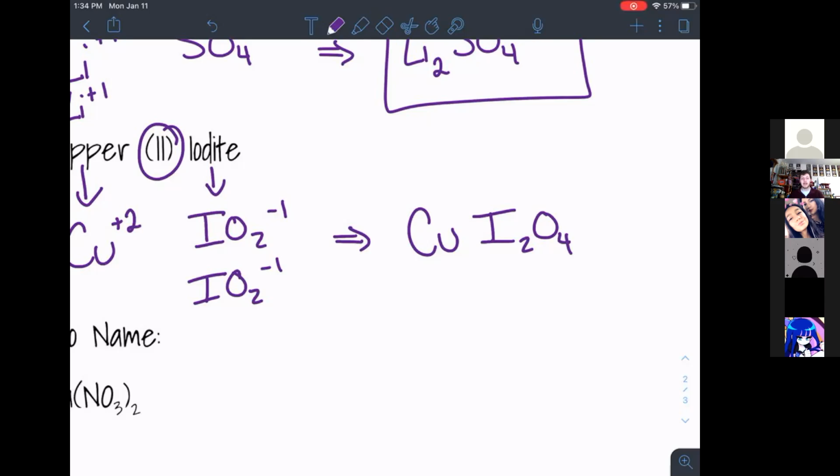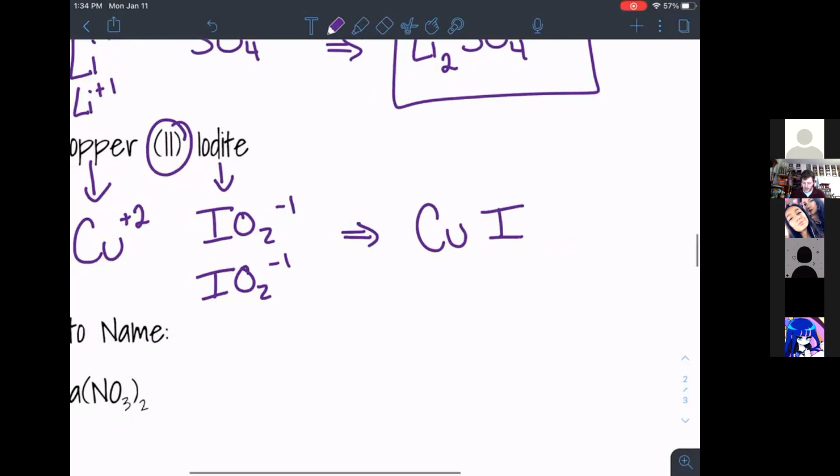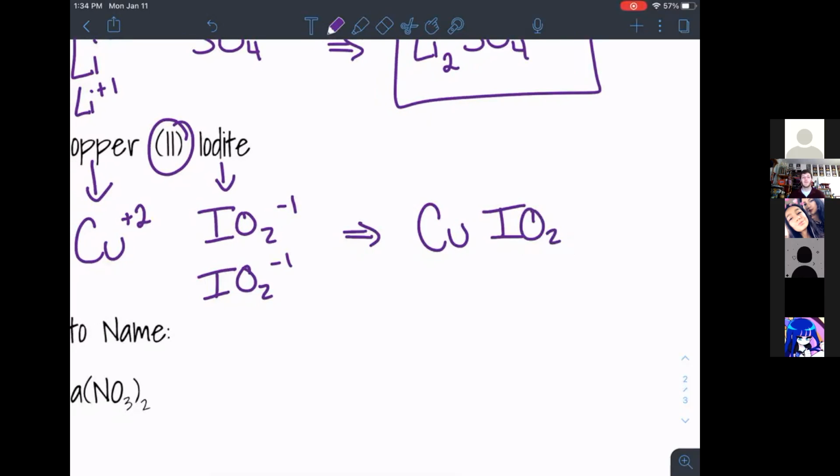It's always just IO2. So instead of writing I2O4, I'm going to put IO2, but I want to make sure I tell you I have twice as many, which means I need to put parentheses with a 2 telling me there's two sets of IO2 present. Any questions on that one?